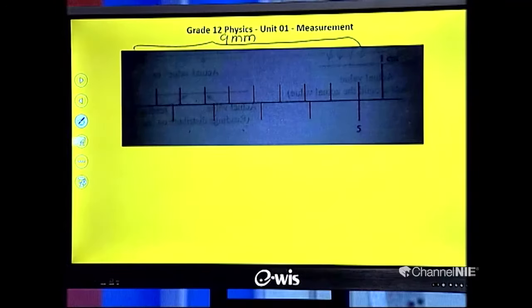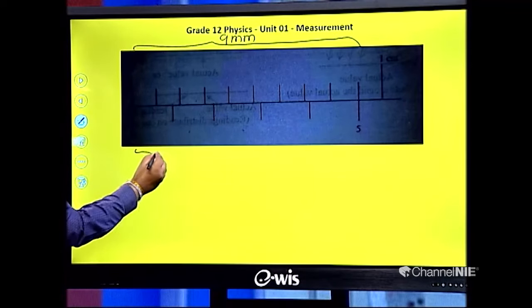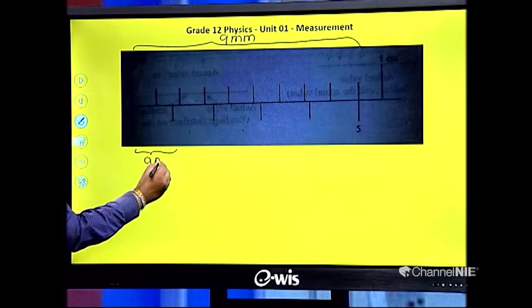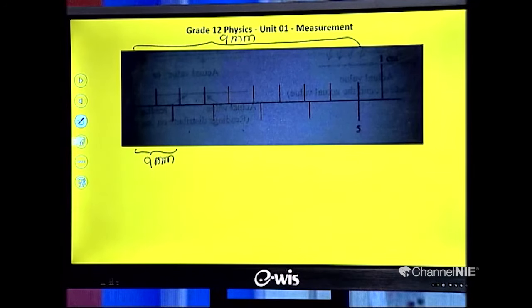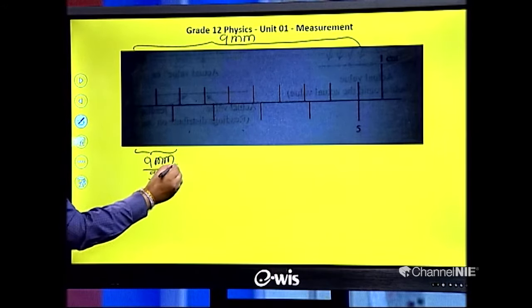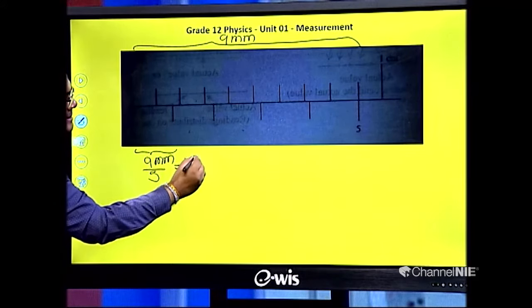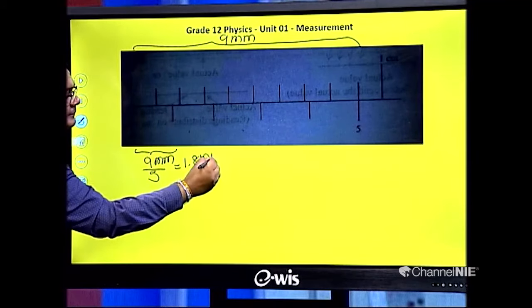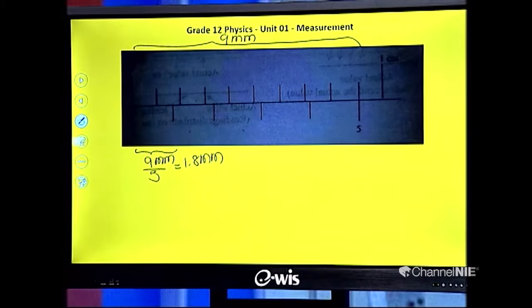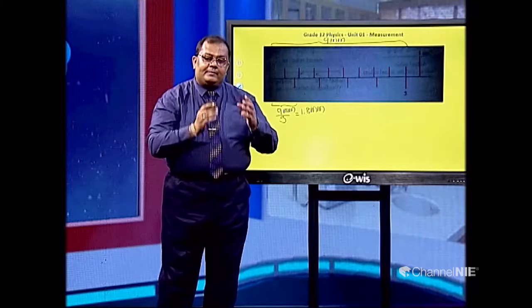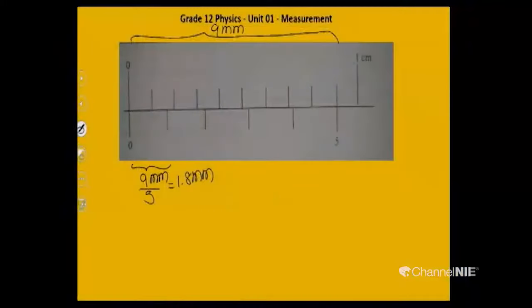Then width of a division is equal to 9 millimeters divided by 5 divisions. It's 1.8 millimeters. What is the least count? I told you, least count means the minimum reading that can be taken. Then what is the minimum reading we can take here? This is the minimum reading.